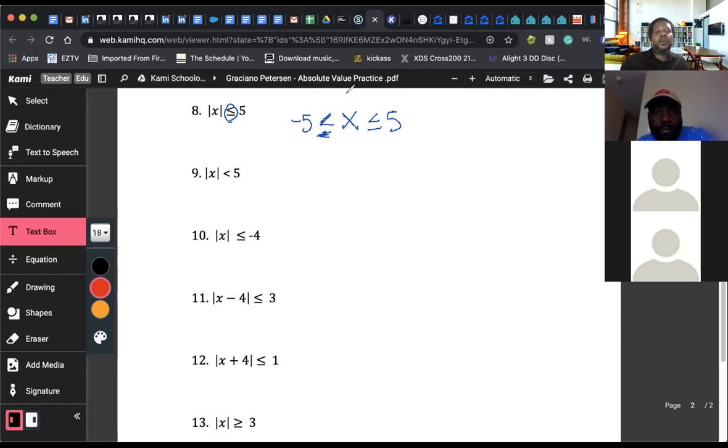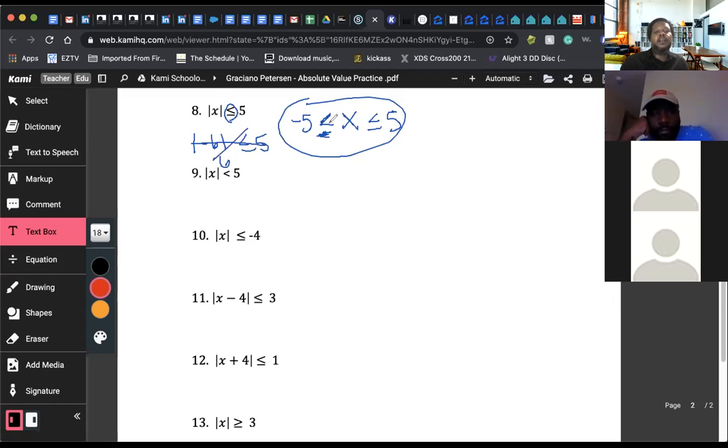Because anytime that it falls outside of this range, it's not going to apply here, right? So if it is less than -5, so if it's -6, if I put -6 in here, it's not going to satisfy this answer, right? Because the absolute value of -6 is 6. 6 is not less than or equal to 5, right?